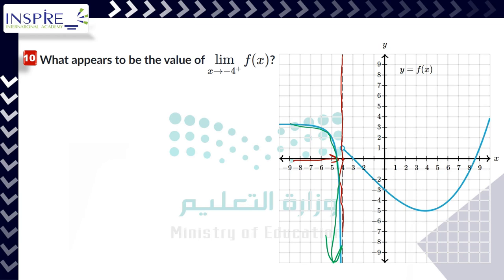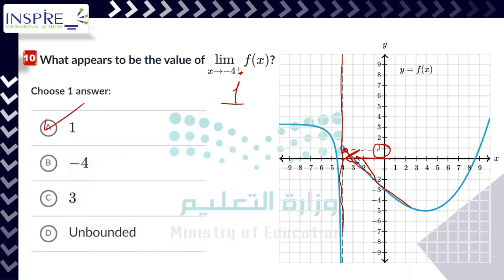Sorry, it's from the positive side, so from the right side, not from the left side, because positive means the number bigger than -4. So we will come from the right side, goes up till you find it to be here. The value will be 1. Okay, next.